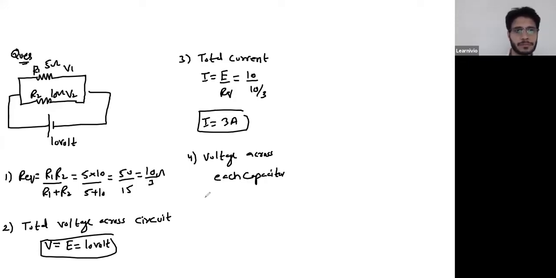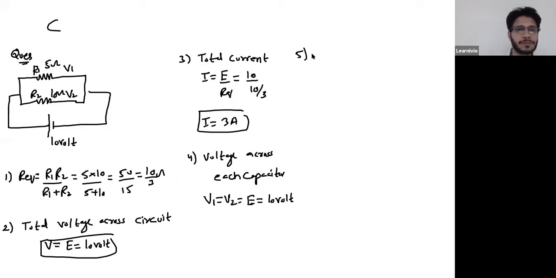Both are equal to EMF, which is 10 volt. Not Q by C. Q is for capacitors only. These are resistors, there's no capacitance. These two are connected in parallel. In parallel combination, voltage across each resistor is the same. So you can just write V1 is equal to V2 equal to E, which is 10.